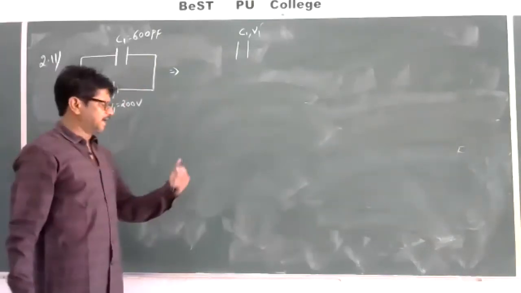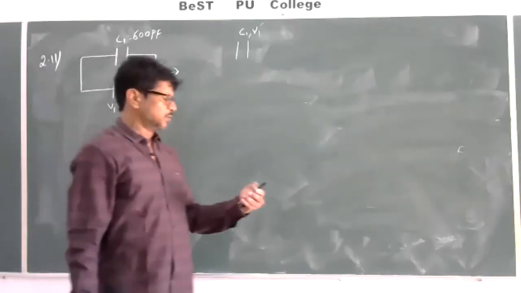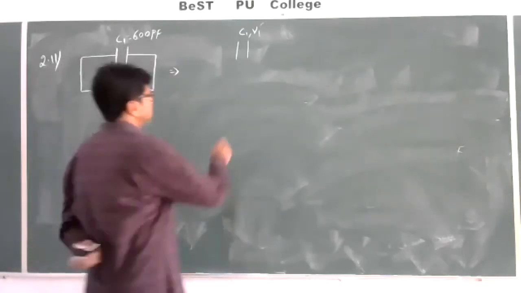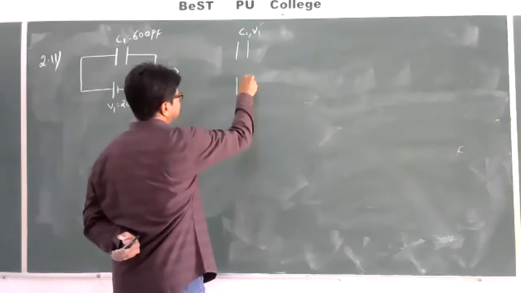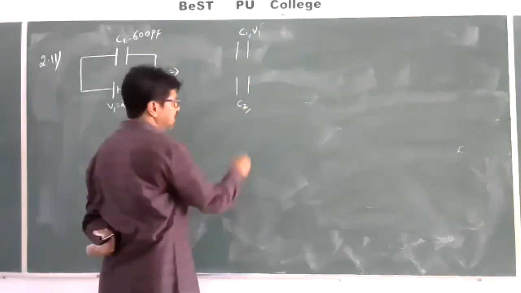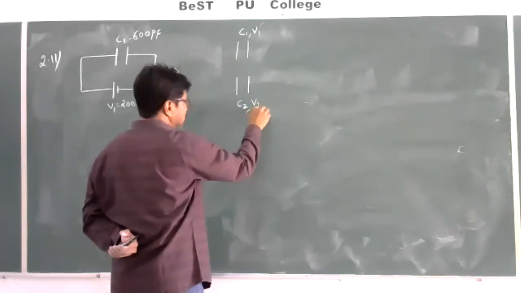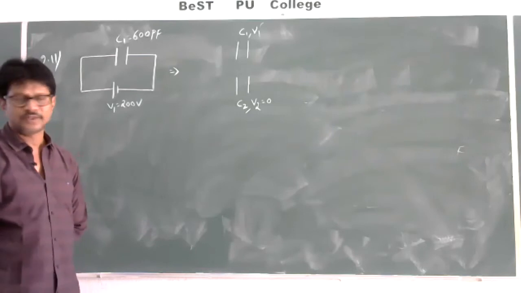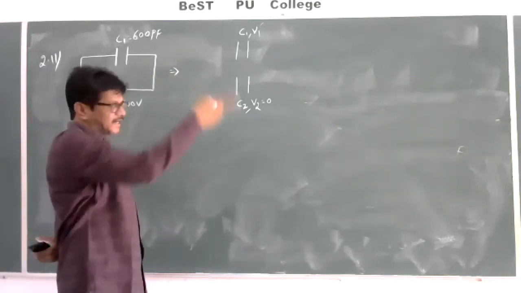Now it is connected to another uncharged capacitor. Since it is an uncharged capacitor, its potential difference is 0. These two are connected.